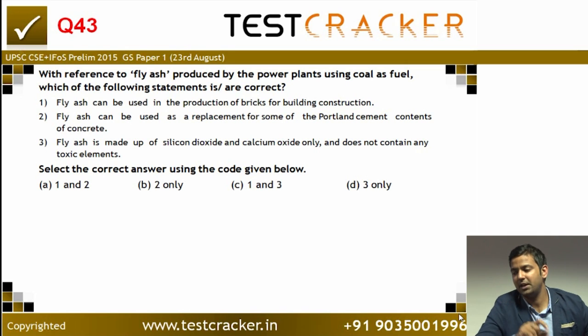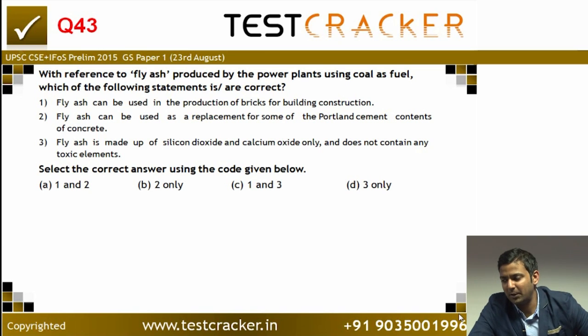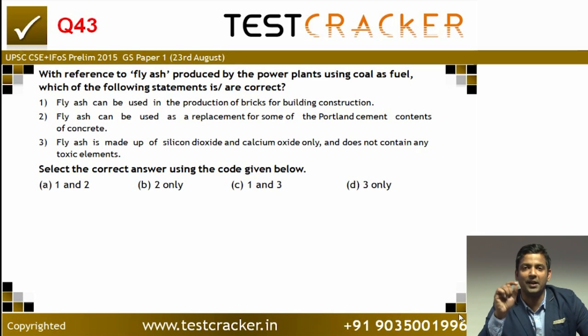Now if you reject 3, you come down to options A and B. Both A and B have 2. You only need to take a call on statement 1, and statement 1 is actually easy. Even if you had read it once, you would know it is used in the production of bricks. So that's how you come to the answer, even with very limited information.